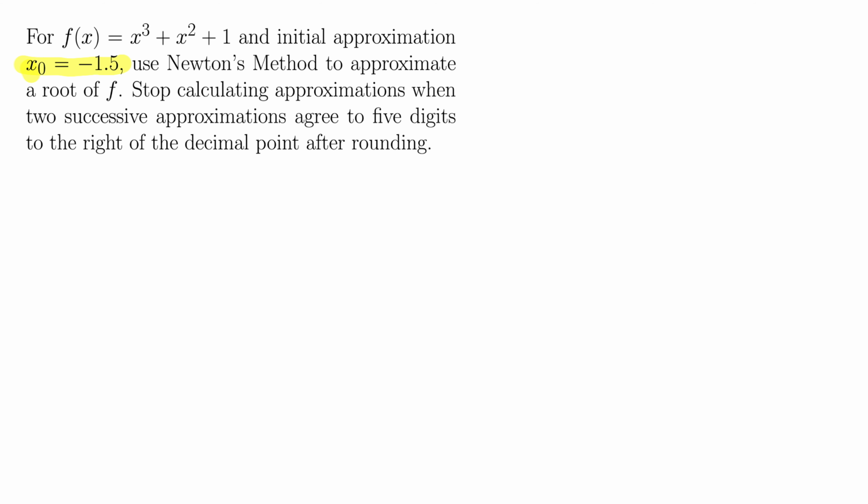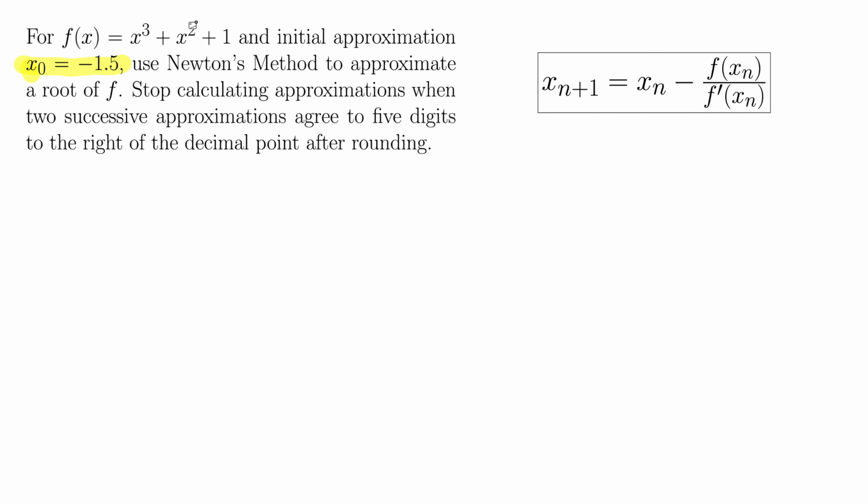Okay, so let's remember the main part of Newton's method is this formula. x sub n plus 1 equals x sub n minus f of x sub n over f prime of x sub n. Okay, so we're given x naught. That's our starting point. We need to compute a few things. So f of x sub n, that's the function. So let's write this as, okay, well, we know what the function is. That's x n cubed plus x n squared plus 1. f prime of x sub n is the derivative of that.